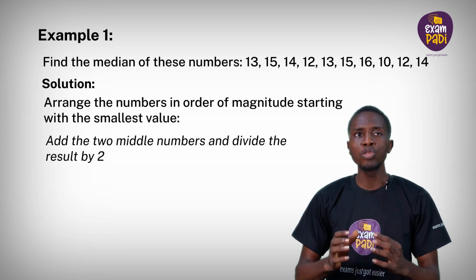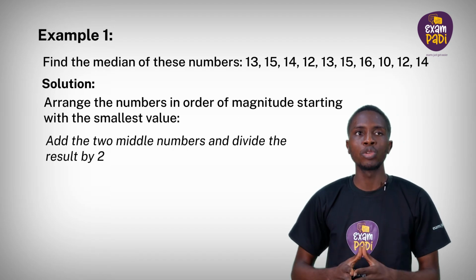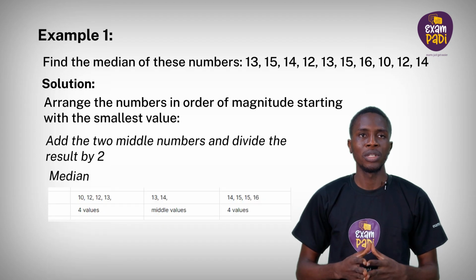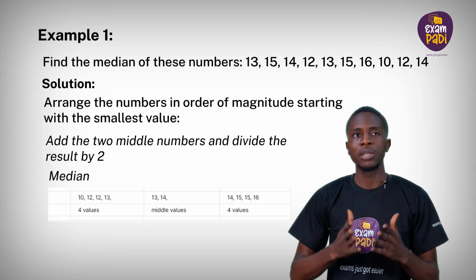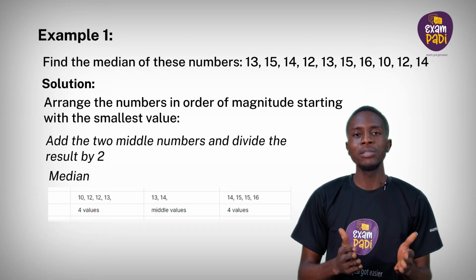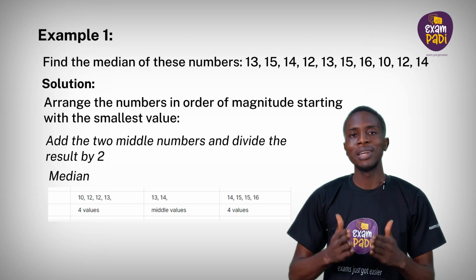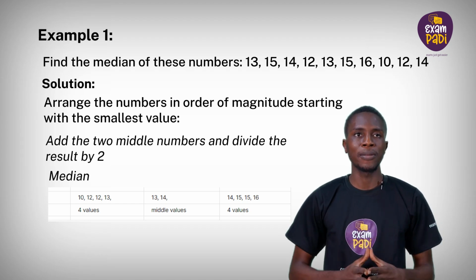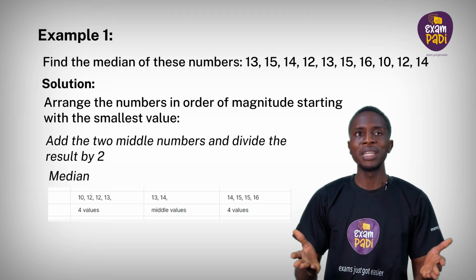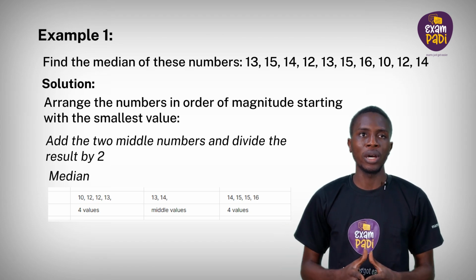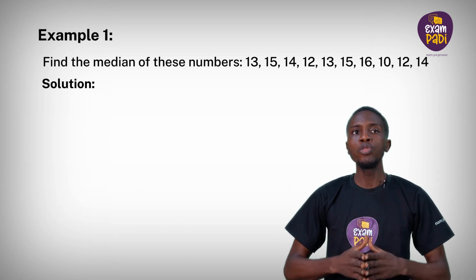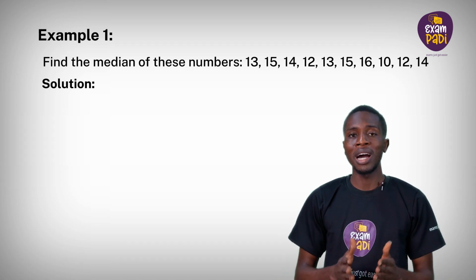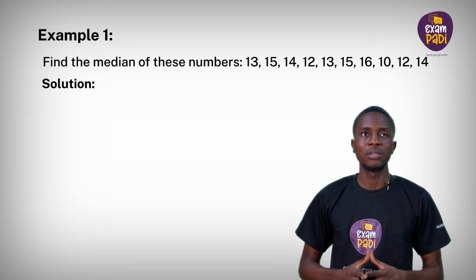Add the 2 middle numbers and divide the result by 2. Let's take a look at the chart. In the chart, we have 10, 12, 12, 13, 13, 14, 14, 15, 15, 16. That is arrangement in ascending order. The middle numbers or the middle values are 13 and 14.